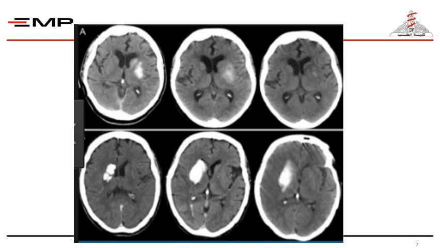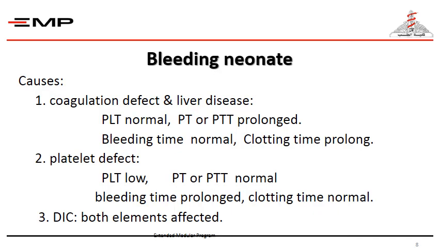This slide shows a CT scan of a neonate who has sustained intraventricular hemorrhage right here. Bleeding in a neonate might be due to a coagulation defect or a disease severe enough in the liver, which is the site of synthesis of most of the coagulation products.